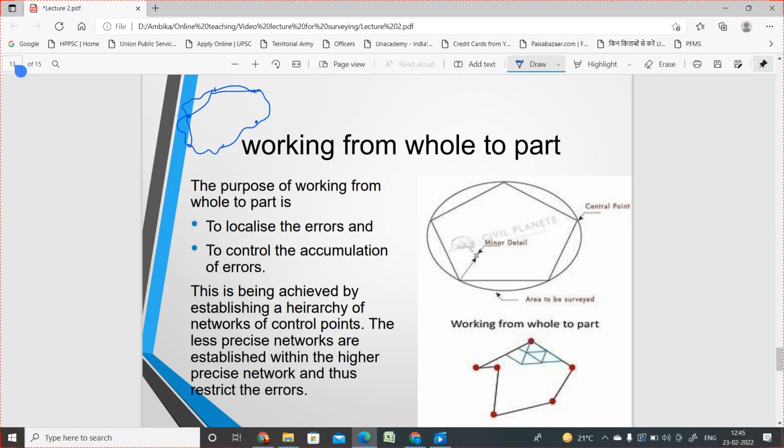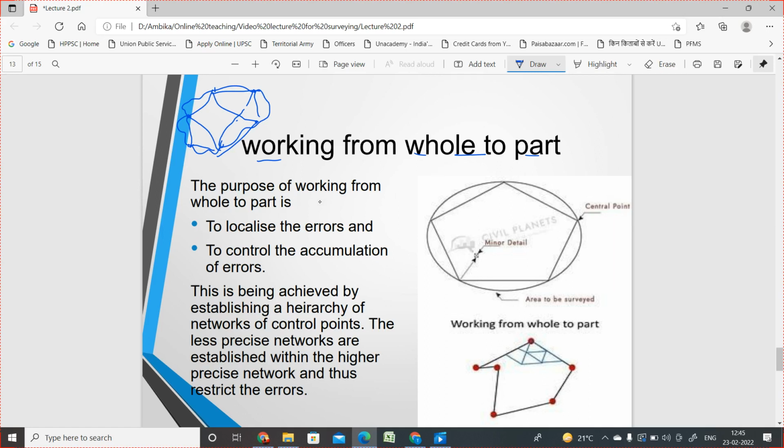All the station points are joined together and the area is divided into a number of triangles. So we always start work from the outer boundary and go inside. Such a principle is known as working from whole to part. Always first the outer boundary is identified, then work is done on the inside part. So this is called working from whole to part.